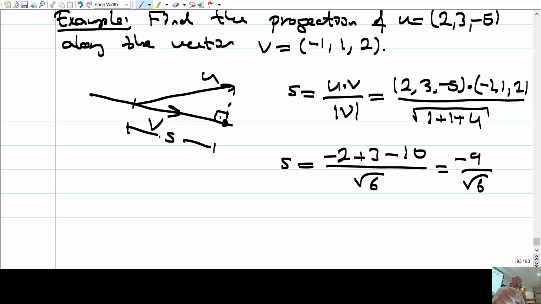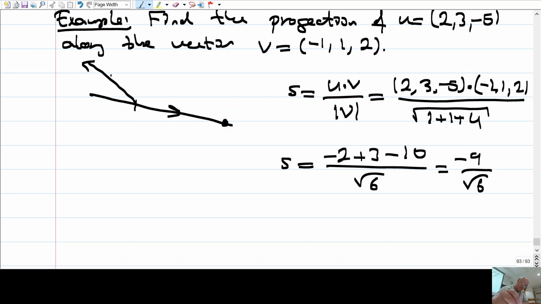Well, why do we get something negative? Length cannot be negative, but this means the following. The picture I drew actually is not correct. So it should be something like this probably. The vector u is in this direction so that its projection, so this is v, its projection is this, meaning that it is in the opposite direction.